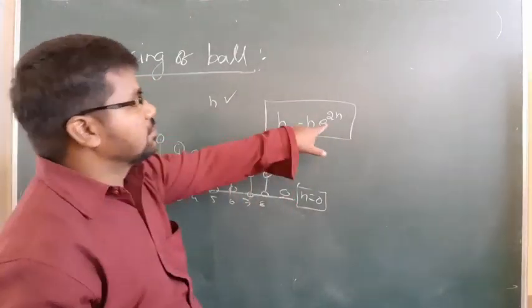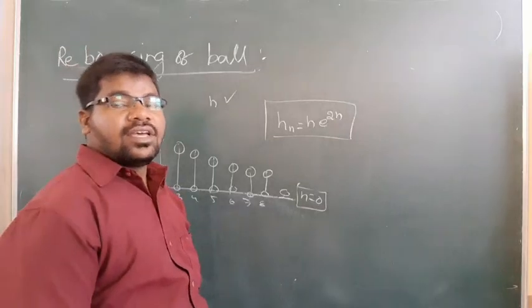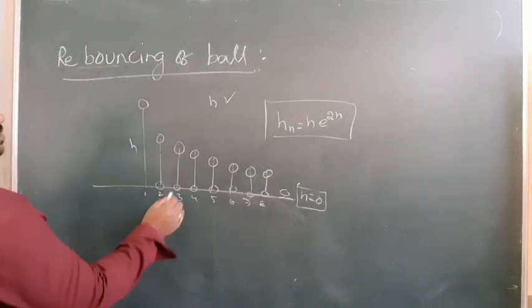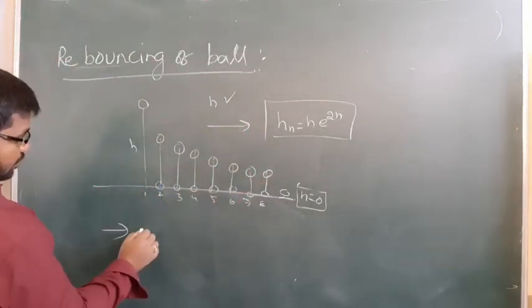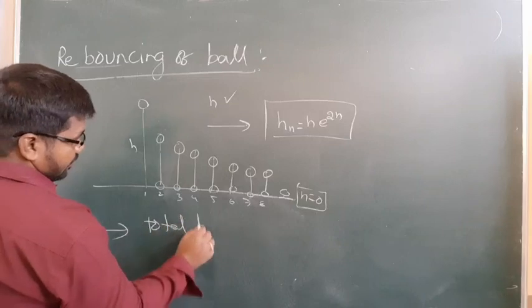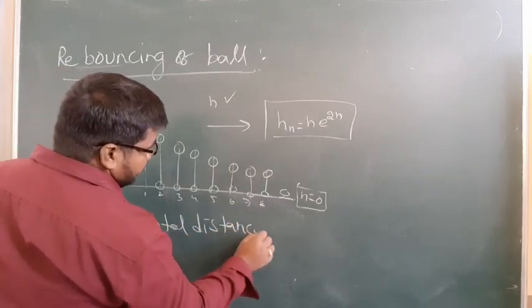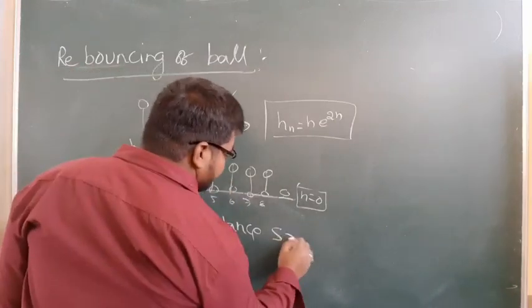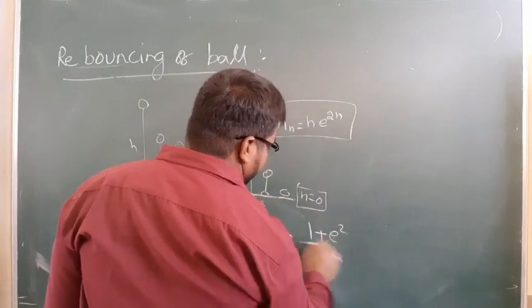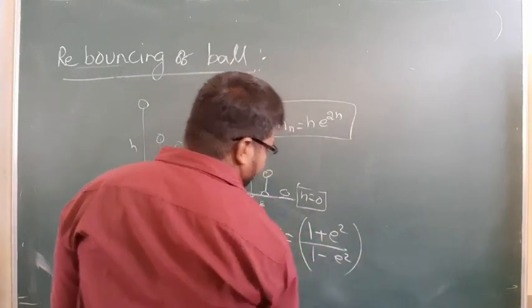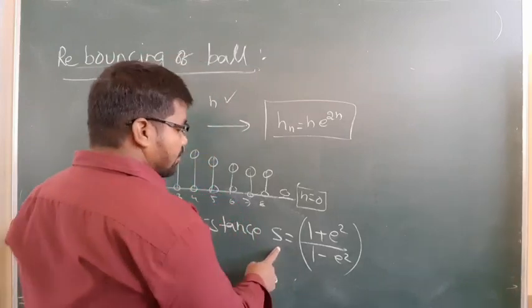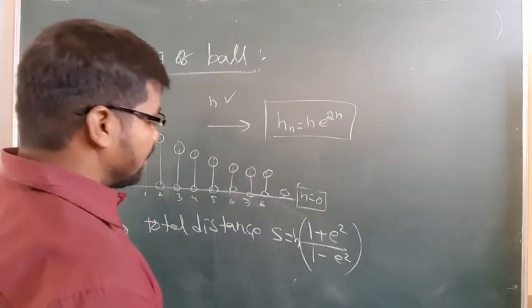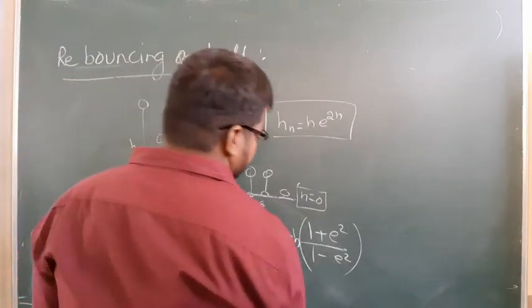Second, the total distance traveled by this particle: s is equal to h into (1 plus e square) divided by (1 minus e square).